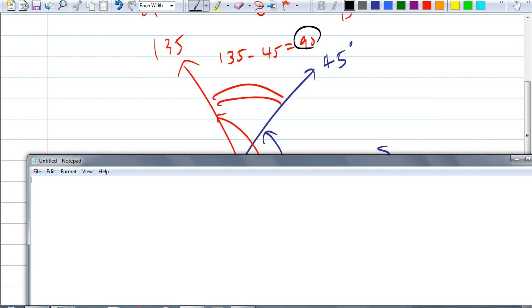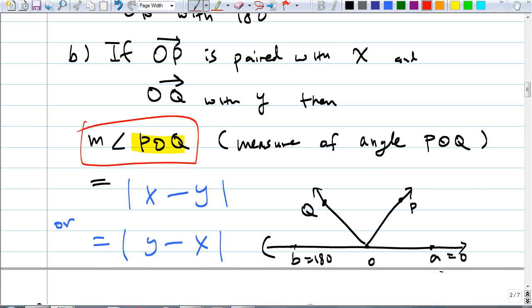So we're going to do the same thing. This is what it's going to say. Look, let's see if it makes sense. So if OP is paired with X, and OQ is paired with Y, they're going to tell you how to find the angle measure between these two rays. Well, how do you find that? If X was, I don't know, 40 degrees, and Y was 100 degrees, what's this angle measure going to be? 60. And isn't that how we find it?